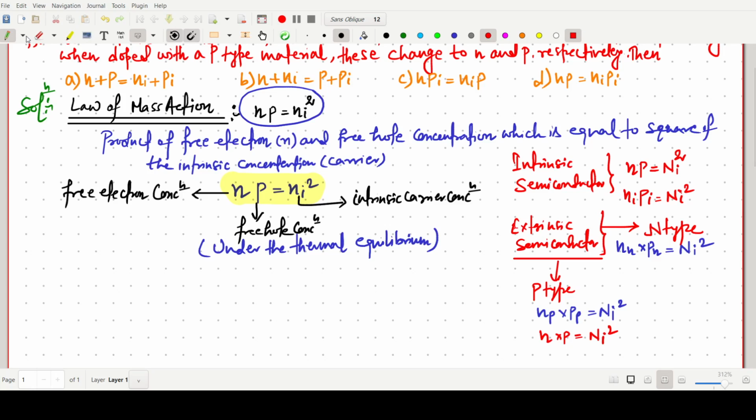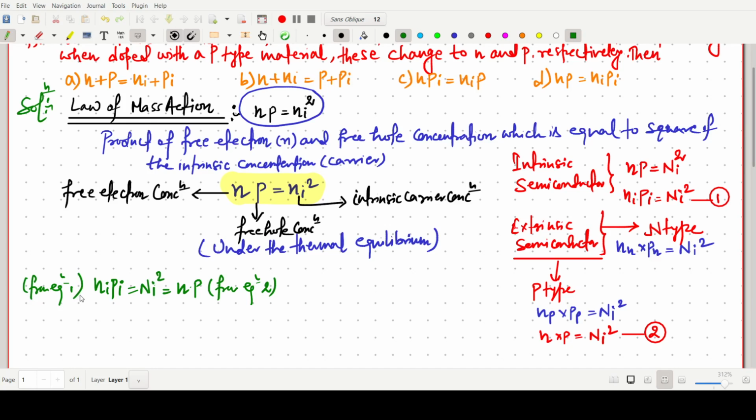If we consider these equations, say this one is equation 1 and this is our useful expression 2, what we observe is that Ni into Pi equals Ni square, and this is also equal to N into P. This one is from equation 1 and this from equation 2. This is important to establish the relationship.